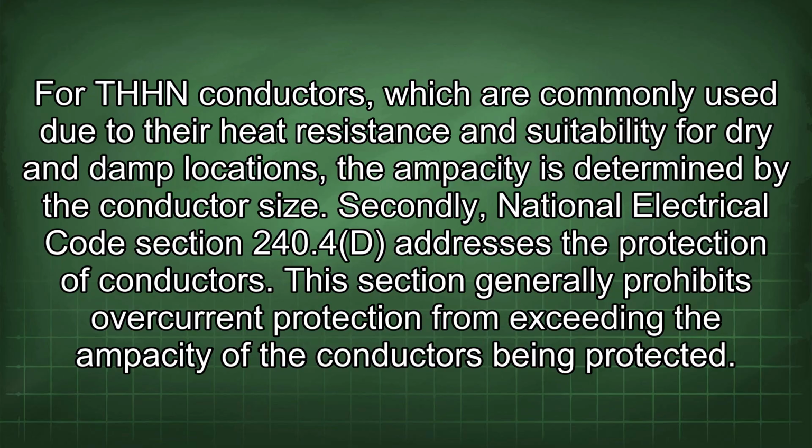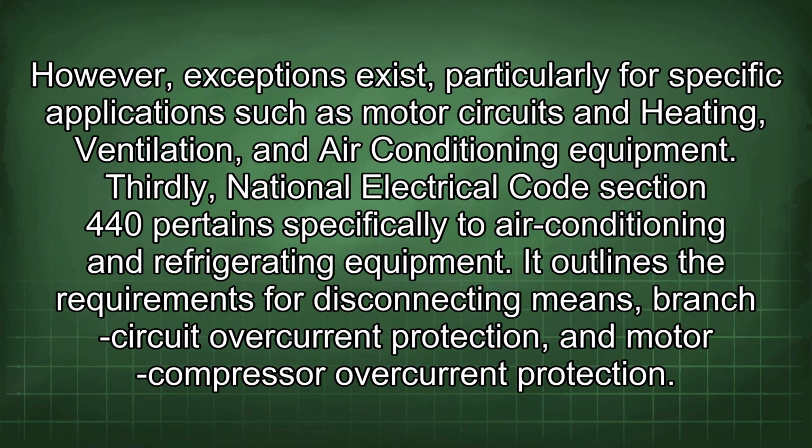Secondly, National Electrical Code Section 240.4(D) addresses the protection of conductors. This section generally prohibits overcurrent protection from exceeding the ampacity of the conductors being protected. However, exceptions exist, particularly for specific applications such as motor circuits and heating, ventilation, and air conditioning equipment.